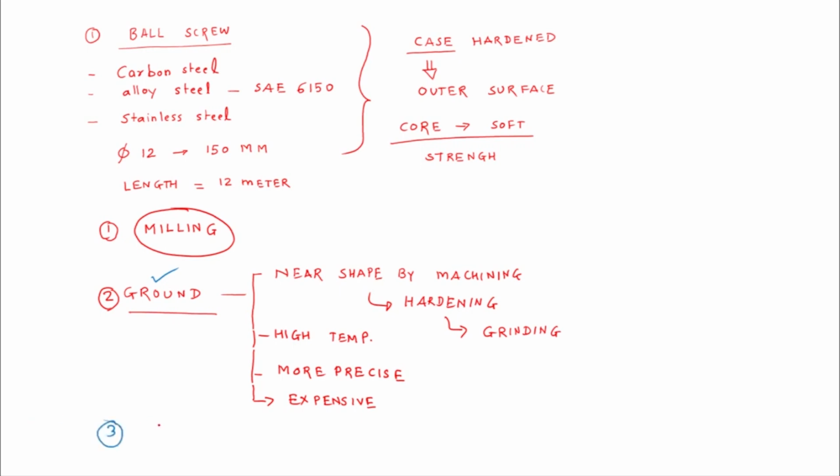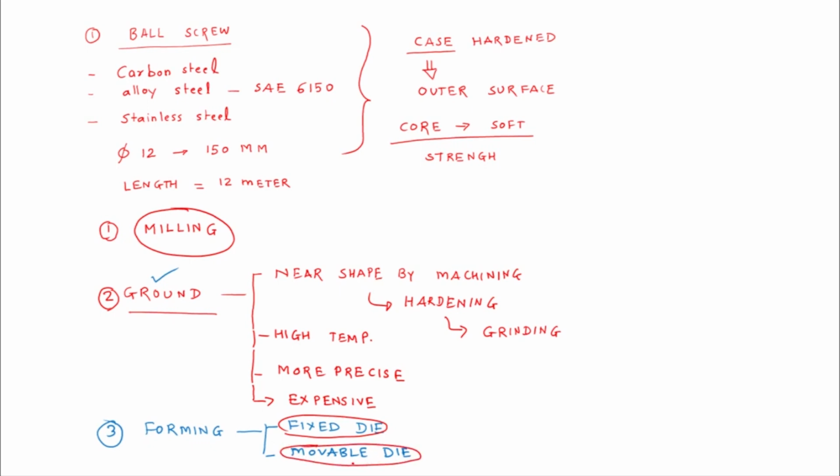The third operation is the forming operation. We can generate the ball screw by using two dies. The first one is the fixed die and the second one is the movable die. In forming we have a fixed die which has the shape of the screw thread, and there is a movable die.